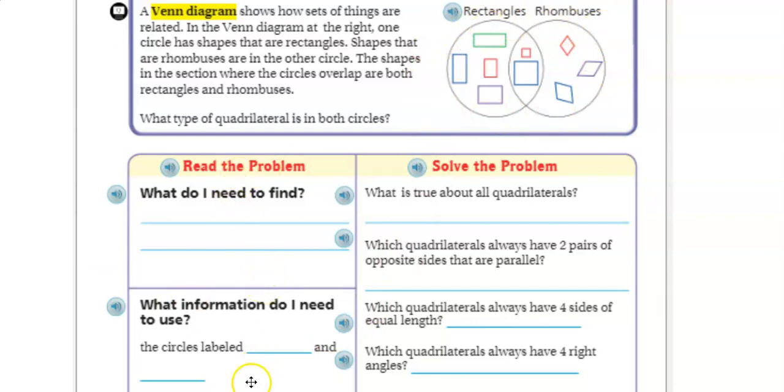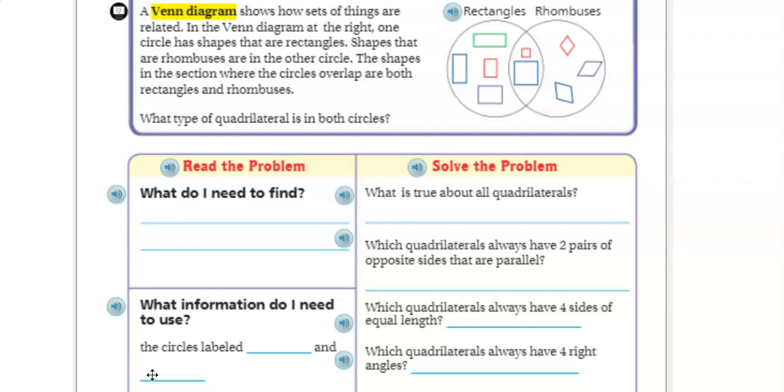Then your next question down below, which I can't see on my screen, but you have in front of you, how will I use the information? So you go back up, you reread it, and you think to yourself, okay, I'm going to describe the shapes in the section where the circles overlap by their sides and angles so I can name the shapes.